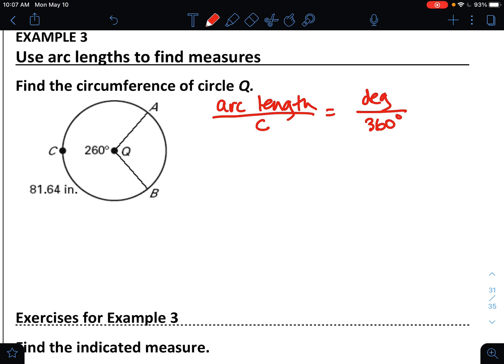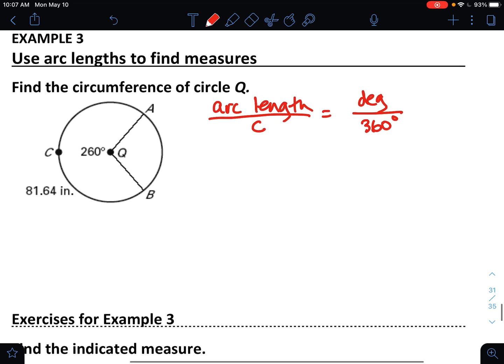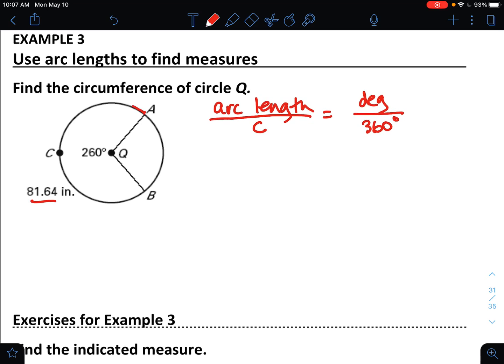So I've got length over circumference, the degree we're given on 360. This number right here is sitting next to this arc, so this is the arc length of arc ACB.